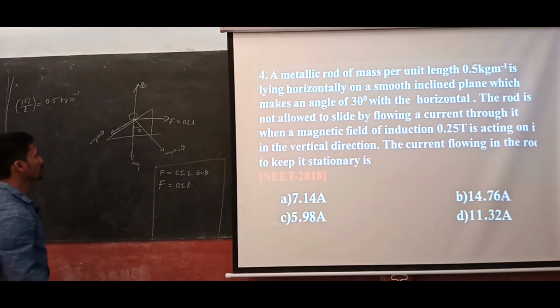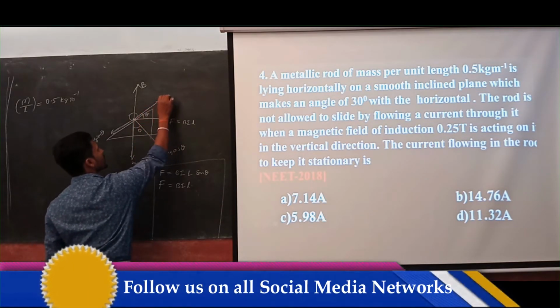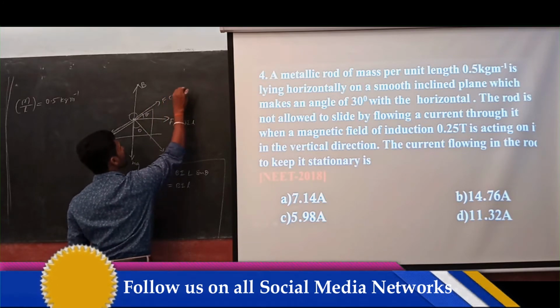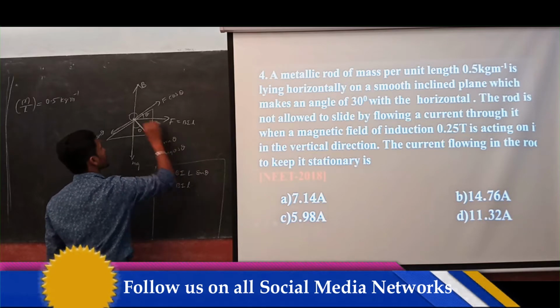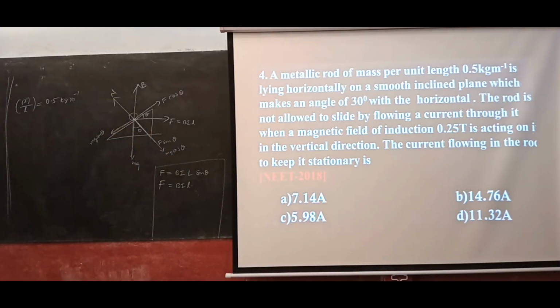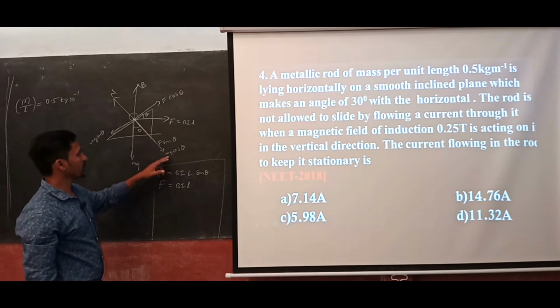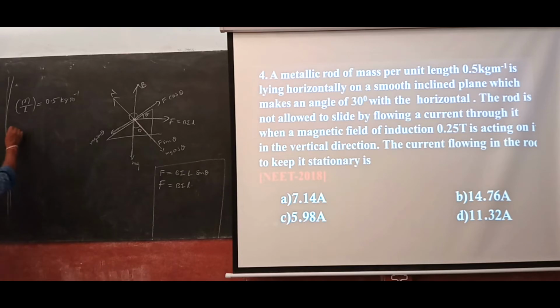But if you divide this force into components along theta, it becomes F cos theta and F sin theta, and this is the normal reaction. So mg sin theta is balanced by F cos theta. So mg sin theta is equal to F cos theta.